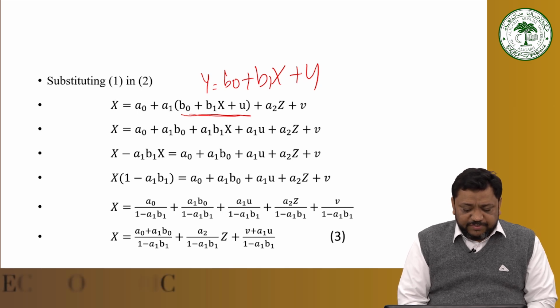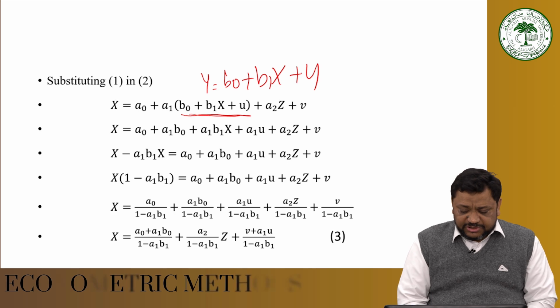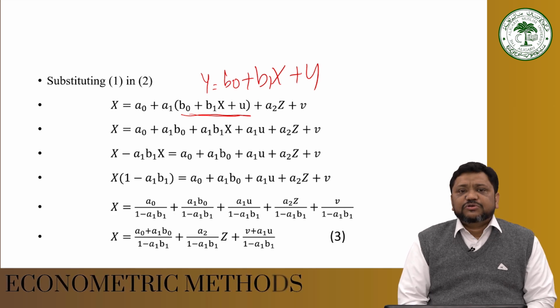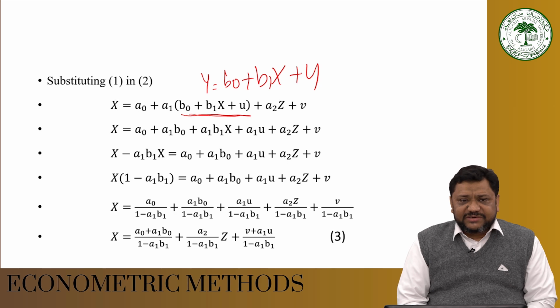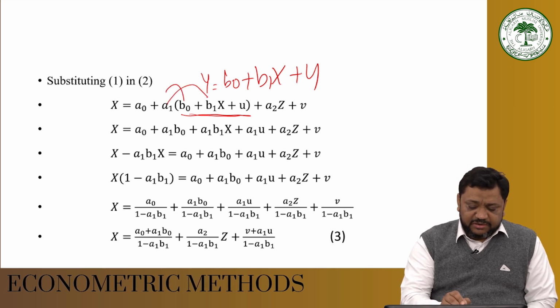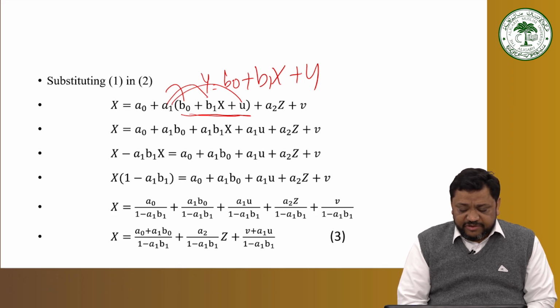So the x equation becomes x is equal to a naught plus a1, in bracket, b naught plus b1 x plus u, bracket close, plus a2z plus v. Now we open the brackets and multiply a1 inside the bracket, so you get x is equal to a naught plus a1 b0 plus a1 b1 x plus a1 u plus a2z plus v.